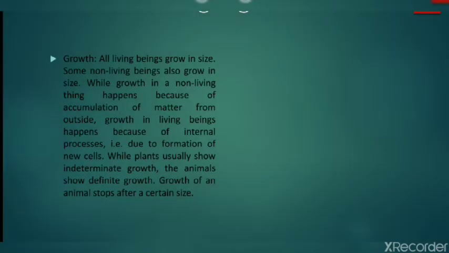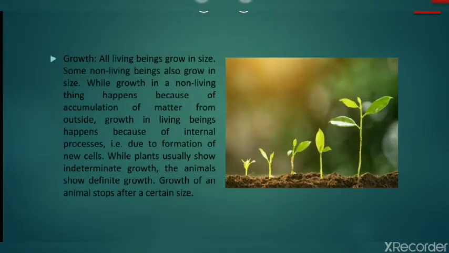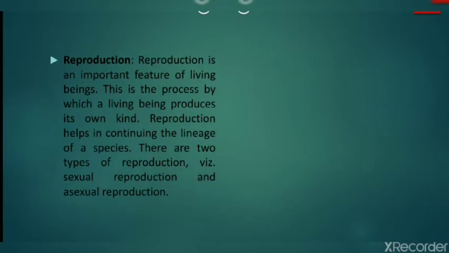The next attribute of living organisms is reproduction. Now, what is reproduction? Reproduction is the process by which living organisms produce organisms of their own kind. Different organisms reproduce by different methods.